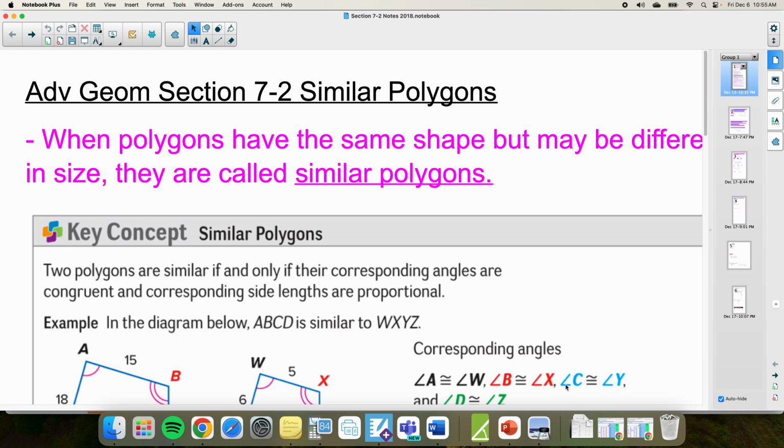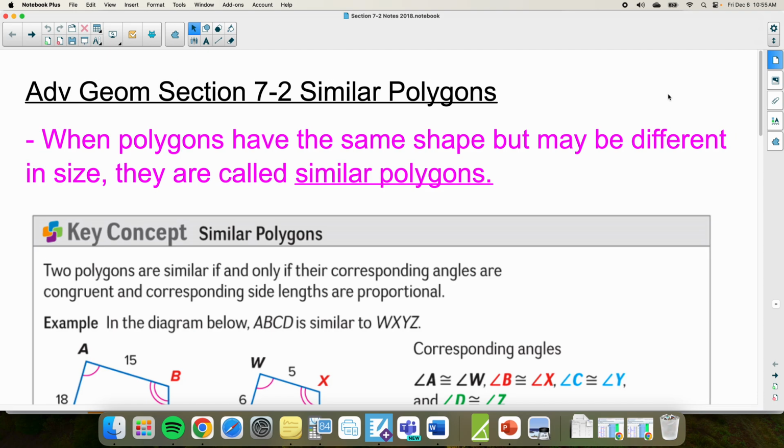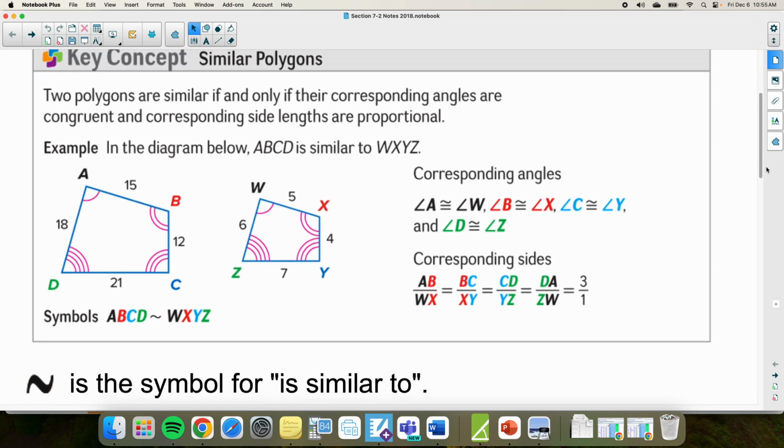All right. So we are going to finish up this section, and I just want to remind you guys that what we learned yesterday is that in a similar polygon, all of your corresponding angles are going to be congruent, okay?